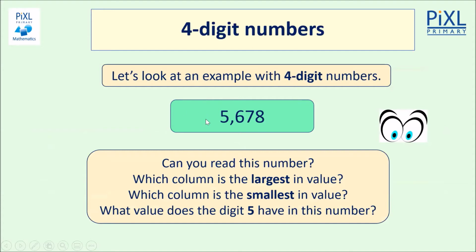Can you read this number? If you can, which of these columns is the largest in value? Which of these columns is the smallest in value? And when you look at the digit 5, what value is it? What is it really worth? It's not worth 5, is it? For a clue, look at the column it is in. Pause the video here.